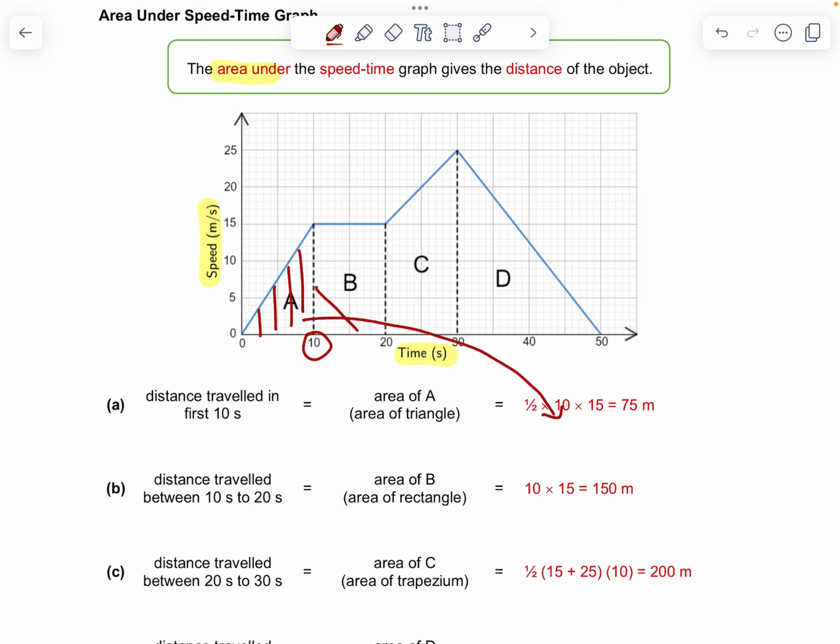For B, I just need to calculate the rectangle. For C, you need to be careful. You need to calculate this triangle as well as this rectangle. For D, it will be the same thing, just a triangle.